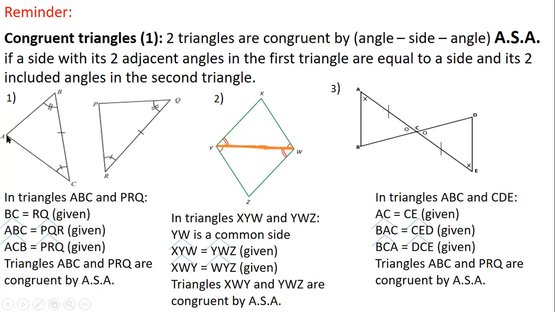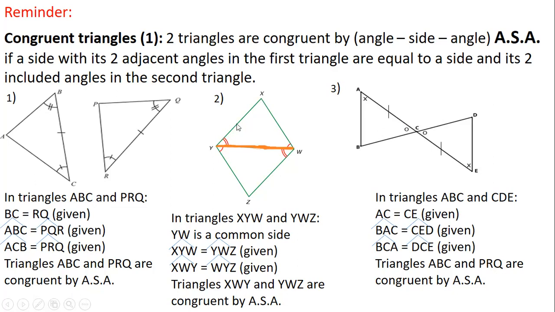For example, if I have a triangle ABC and a triangle PRQ, from the figures we can see that side BC is equal to side PQ, angle ACB is equal to angle PRQ, and angle ABC is equal to angle PQR, then these two triangles are congruent by ASA.